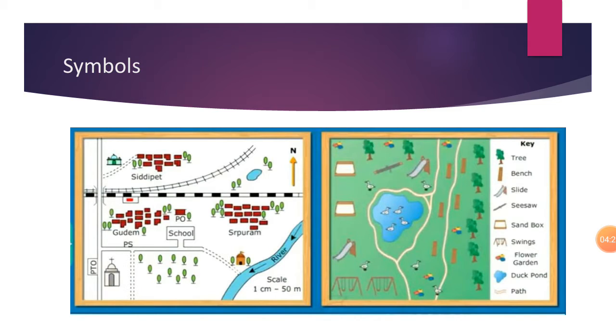Let us learn about symbols briefly. A map is a compact representation of the real world, and map symbols are used to denote real objects. Both shapes and colors are used for symbols on maps to identify or denote easily.